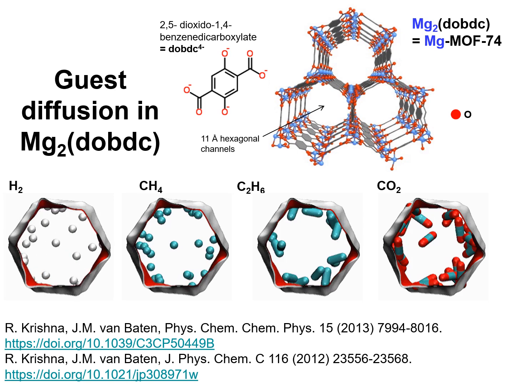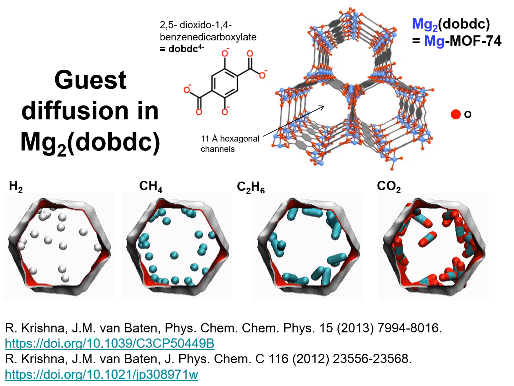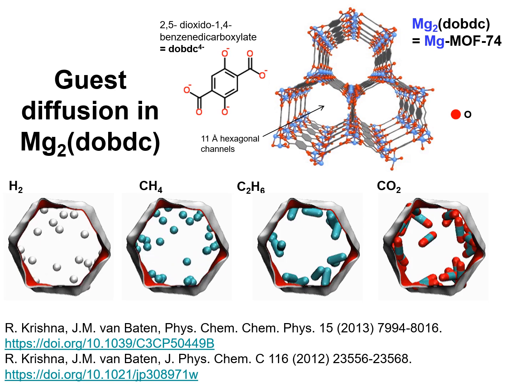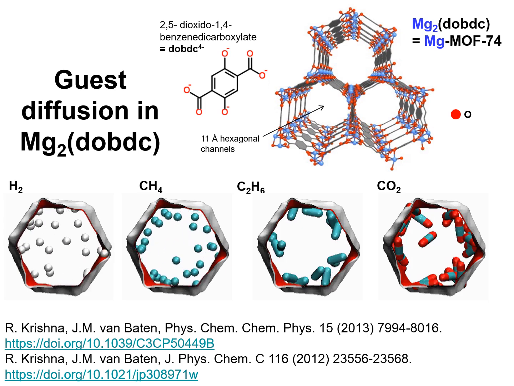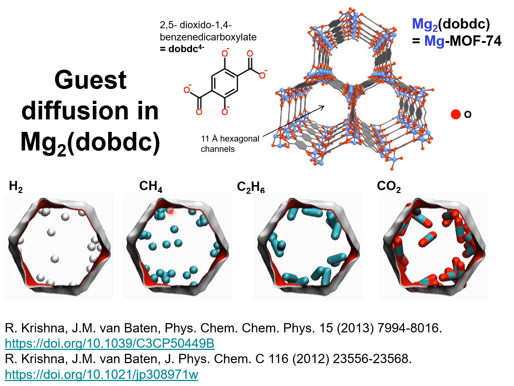If we go on to consider methane, you note that there is a higher concentration of methane near the framework walls, because methane has a much stronger adsorption strength than hydrogen and stays longer in the wall regions. And even visually you can see that the mobility of methane is lower than the mobility of hydrogen.